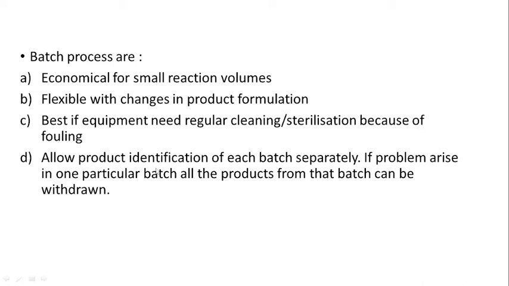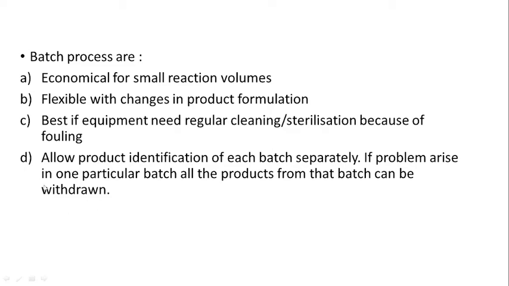And if some product in a particular batch is contaminated due to our operational failure, we can discharge that to the slope, or we can pass it into the slope. So only one batch will be damaged, the remaining batches will not be contaminated. That's the main difference between batch and continuous operation.